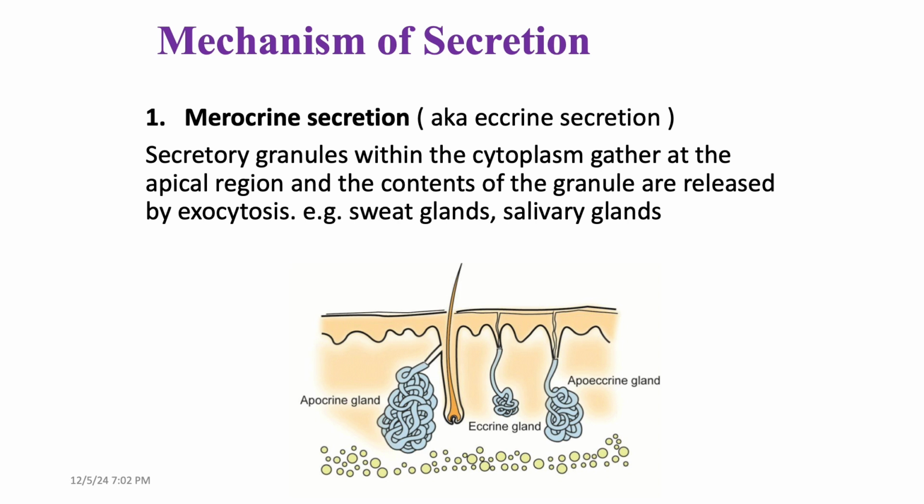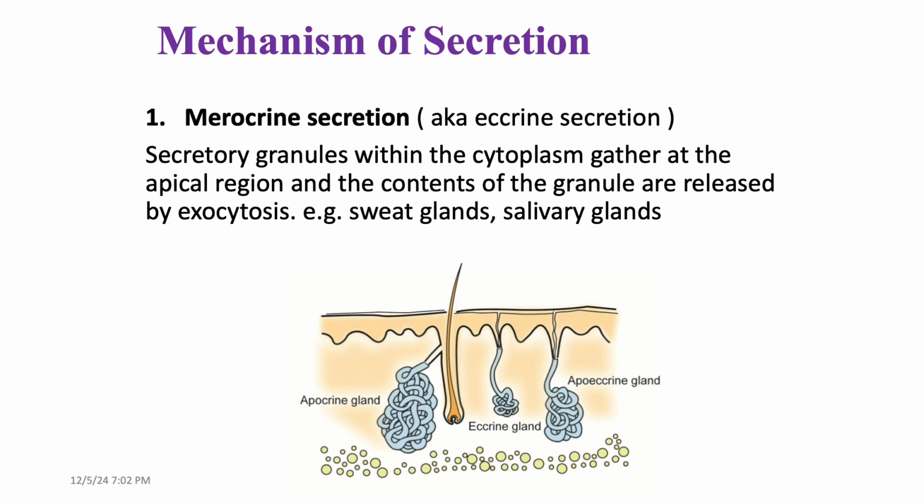Example is the sweat gland, okay, and then you also have some salivary gland, by exocytosis. The product is sent to the surface or where it is needed. So whenever you find sweat on your skin, especially the part of your arms, you should know that it is going through this type of secretion.